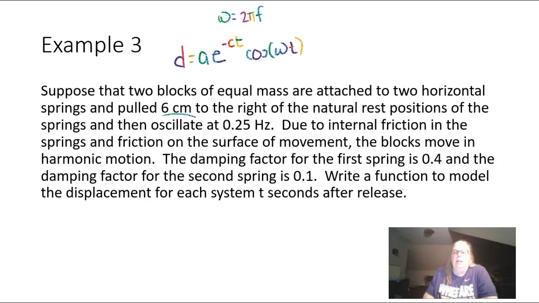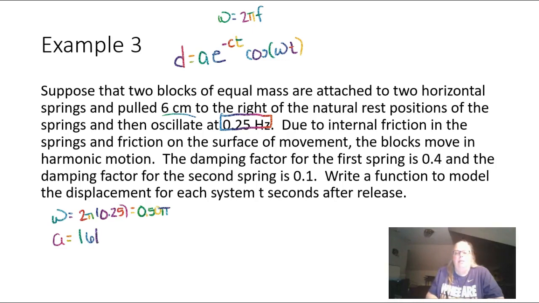Now the frequency has conveniently been given to us right here as being 0.25. So our omega is going to be 2 pi times 0.25 or 0.50 pi. All right, A, our amplitude, this is going to be the absolute value of 6. It's positive 6 because we're pulling the thing to the right, and right is a positive direction. So this is just going to give me 6.